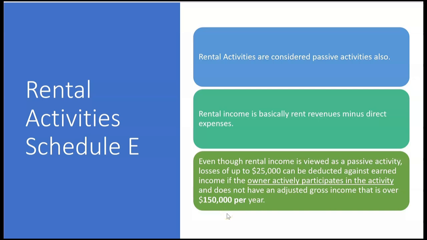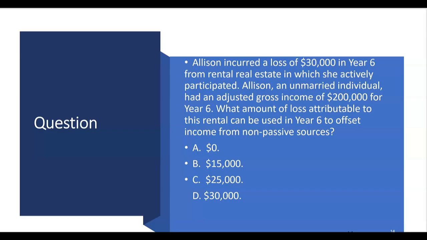And that is one of the few thresholds that I want you to know. They will ask you on the exam about this threshold of $150,000 AGI when it comes to the ability to deduct a rental loss. So you can deduct a rental loss up to $25,000 if you have one, unless your AGI is over $150,000.